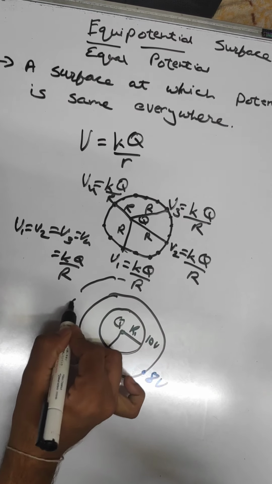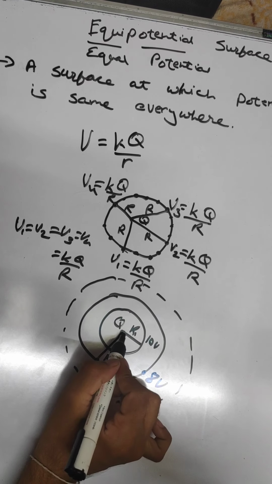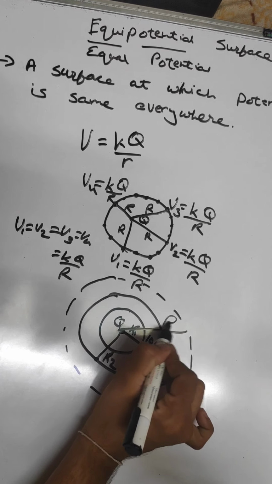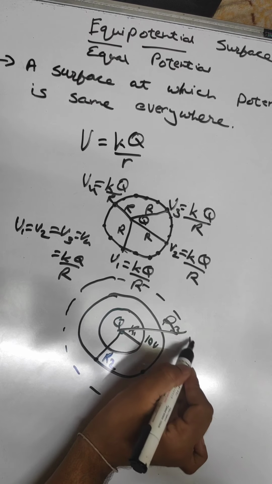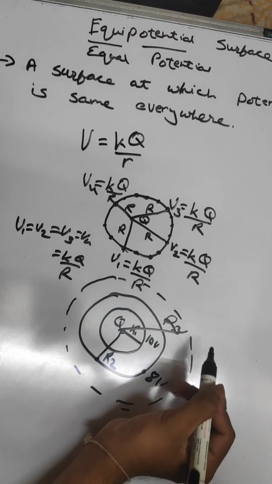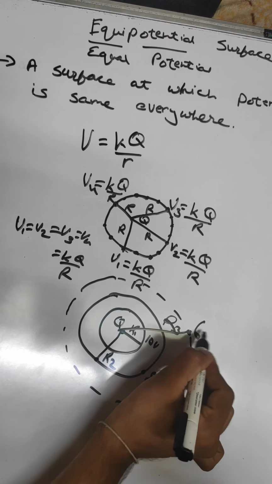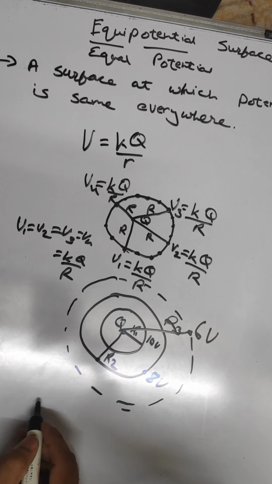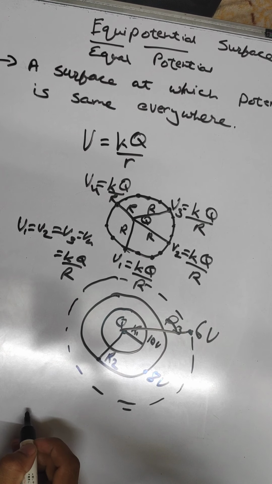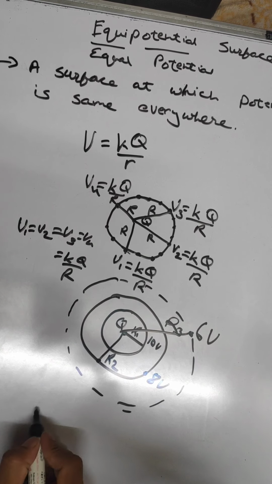Suppose there is another sphere, let us name it r3, of radius r3. Then this surface will also be an equipotential surface having a value less than 8. Suppose it is 6 volt. So all the spheres having a concentric charge will be equipotential surfaces.